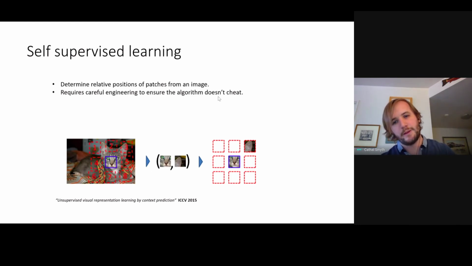And you can do this many times for just one image alone, and you can do this for many, many images. And eventually it'll start learning the global structure that occurs around a cat's face or a car or a building or whatever it is that you're trying to get the algorithm to classify or understand the representation of. So this was from Unsupervised Visual Representation Learning by Context Prediction, ICCV 2015.